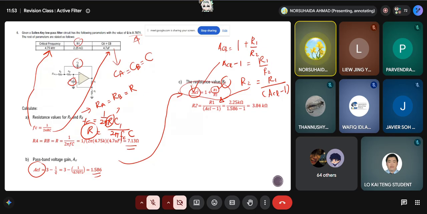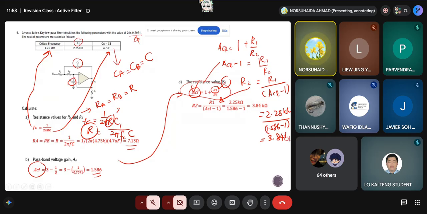Then we know already our R1 given is 2.25 kilo ohms divided by our ACL is 1.586. Okay, so minus 1, right? So we solve everything, we should get our R2 equal to 3.84 kilo ohm.